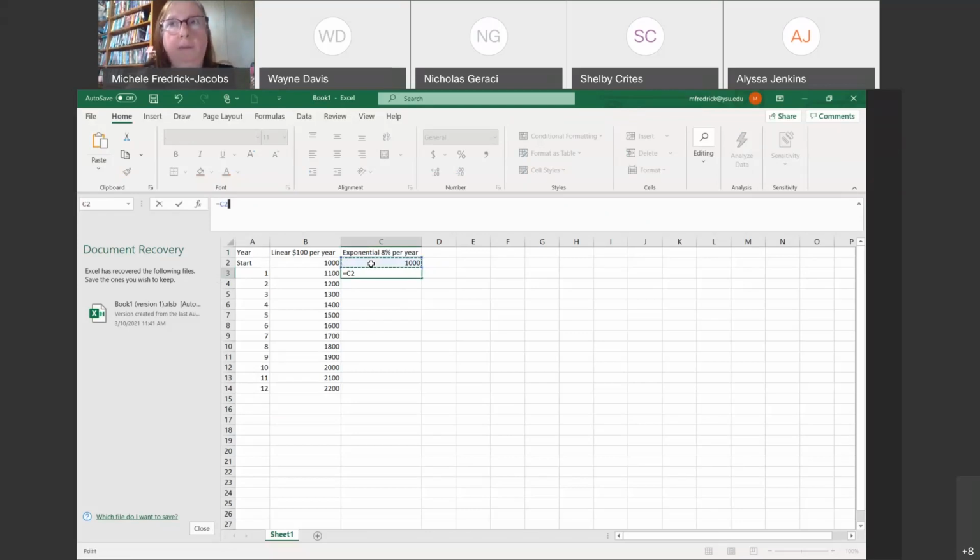Now you have to be careful. In order to use multiplication, it's an asterisk. You can't just put a parenthesis in Excel. You have to put the asterisk for multiplication. And then you can put 1 plus 0.08.